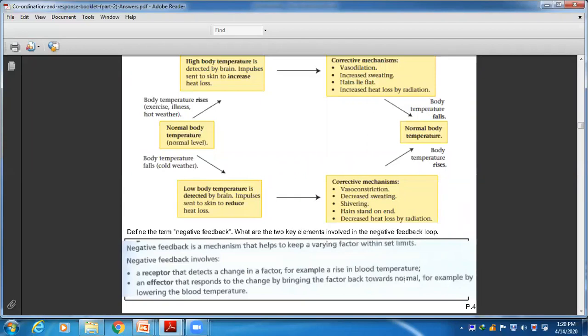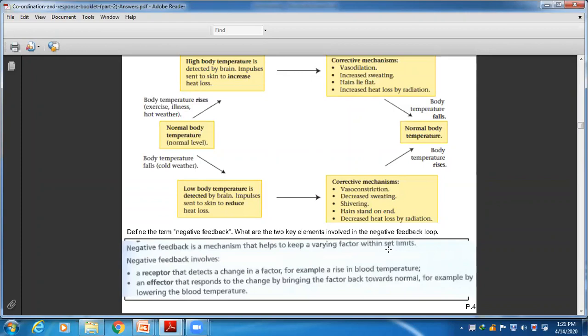That's why the phrase used here is a specific limit. Is it clear? So negative feedback is the changes that come in your body against the actual stimulus to bring the whole system back to normal.